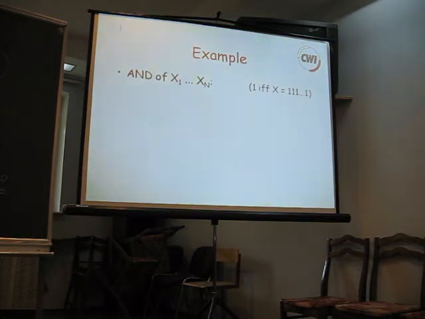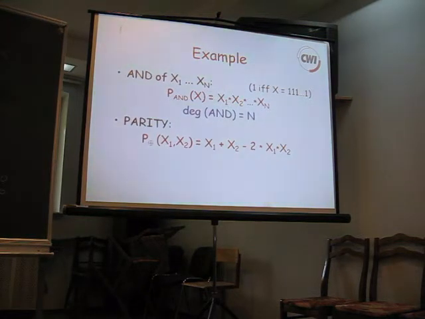For example, the AND function on n variables, which is 1 if and only if all the variables are 1, is the polynomial consisting of a single monomial, x1 times ... times xn, and clearly this represents the AND because it's only 1 if all of the variables are 1. So the degree of the AND function is n.